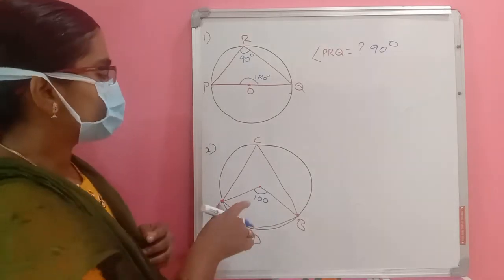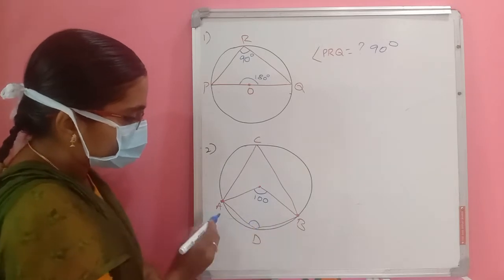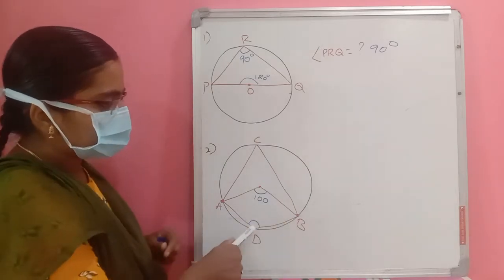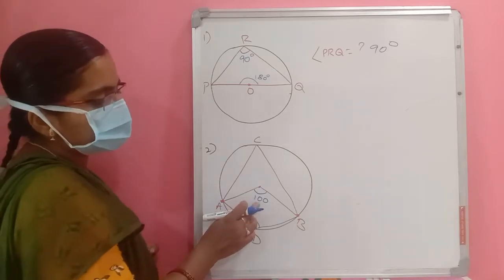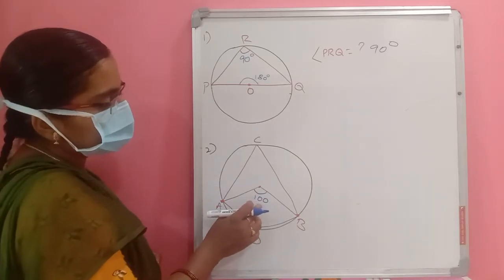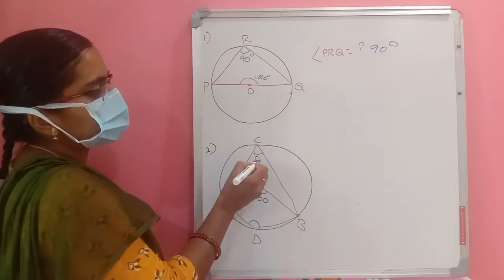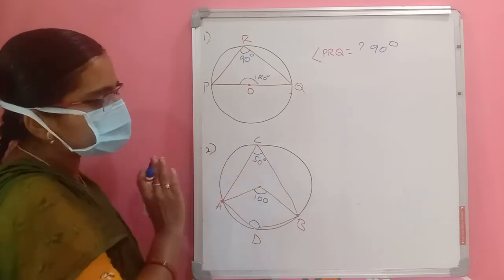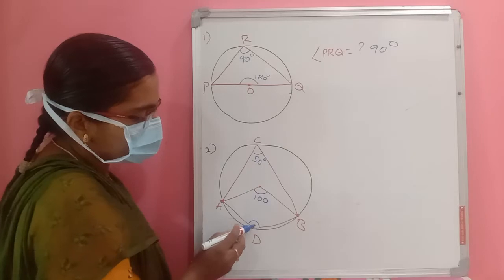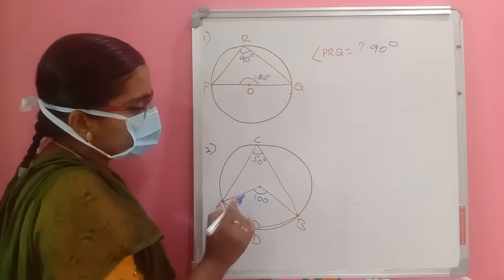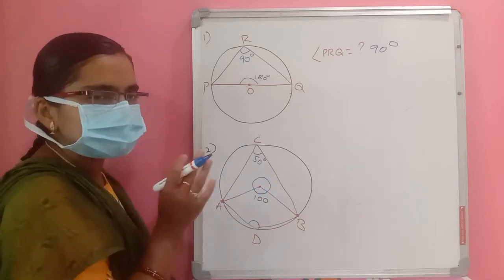Okay. Next, second question. The same figure is given. We have to find angle ADB. How can you find it? The angle here is 100 degrees. When it is 100 degrees, the same arc AB forms 50 degrees here. We know that. Just for information I have told that. So here we need this angle. The total angle is always 360 degrees.